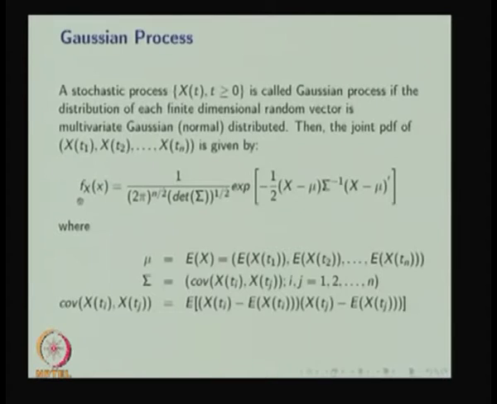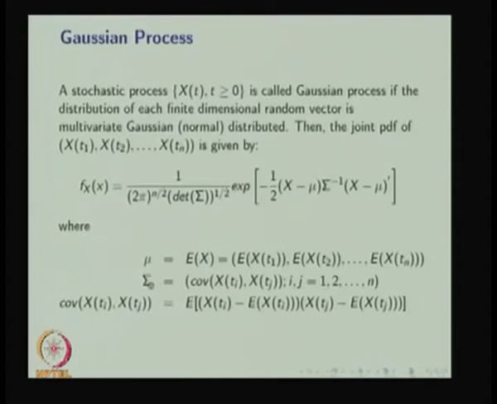That joint probability density function is 1 divided by (2 pi) to the power n by 2. You find the determinant of the matrix, and after that you take the square root, then the exponential of this expression, where mu is the vector whose elements are the expectations.